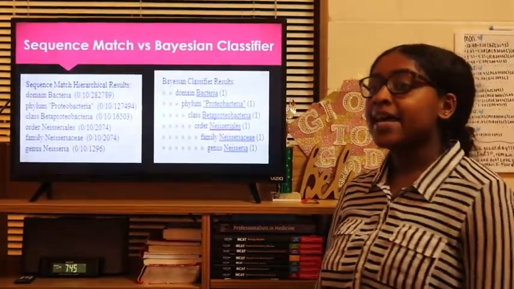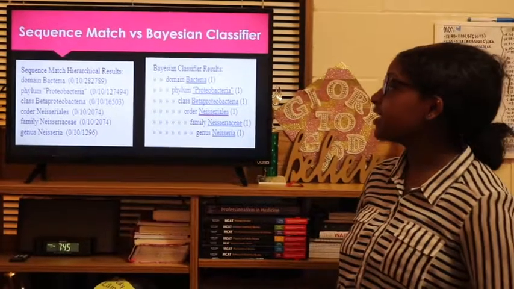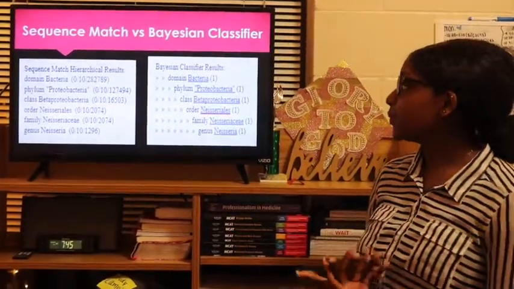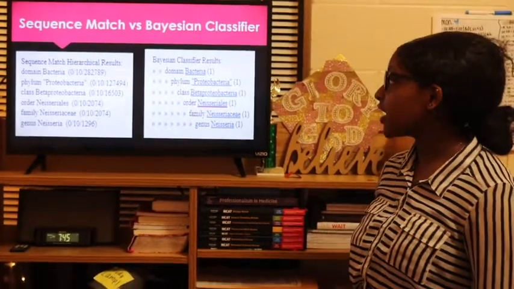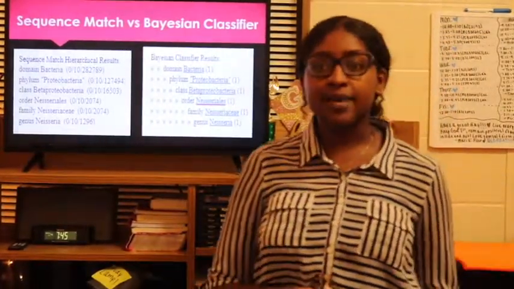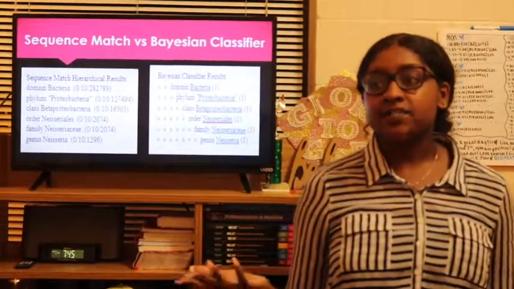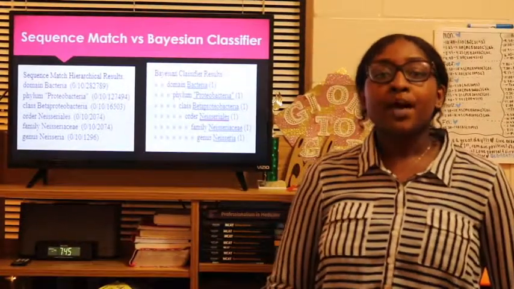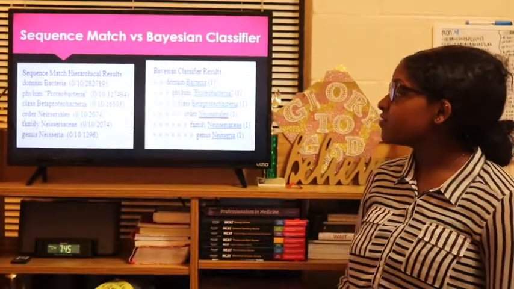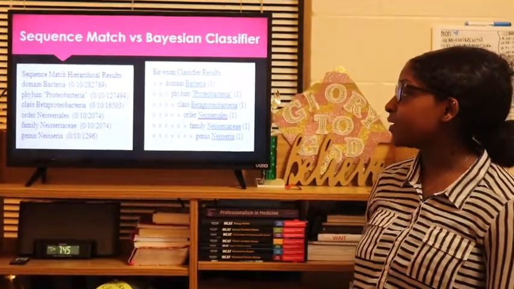Along with Sequence Match, we were given hierarchical results. We were also given Bayesian classifier results, and we were asked to compare these two, Sequence Match versus Bayesian classifier. Upon comparison, we noticed that the results obtained were the same.